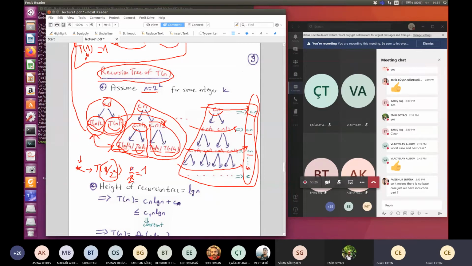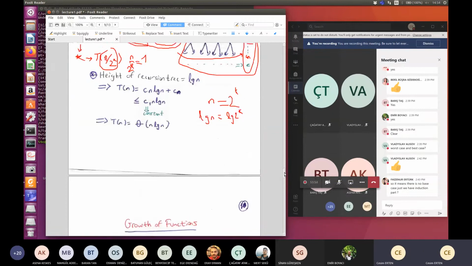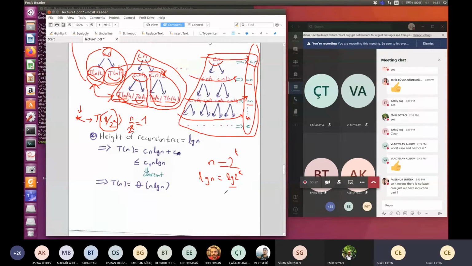So, which means when does n become equal to 2 to the k? If we take the logarithm of both sides, we will see that logarithm of n is equal to logarithm of 2 to the k, and by the rule of logarithms, we can write this one as k times logarithm of 2.